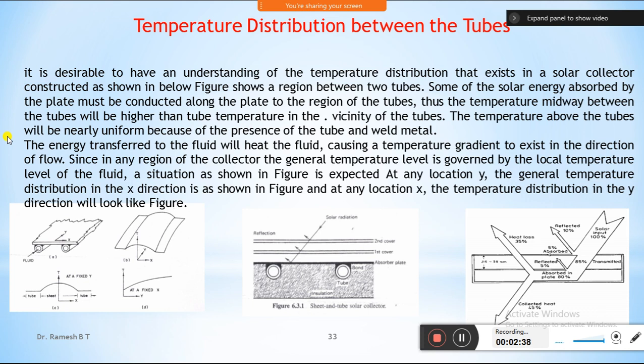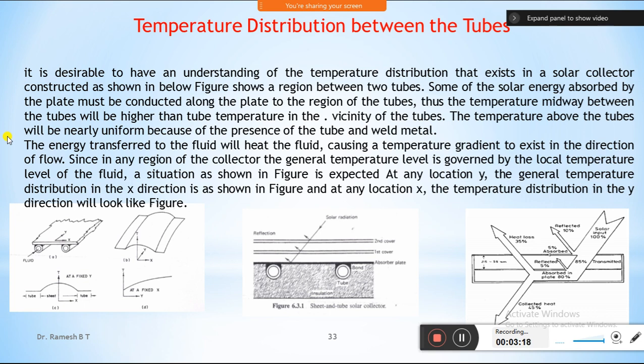Thus the temperature midway between the tubes will be higher than the temperature in the vicinity of the tubes. The temperature above the tubes will be nearly uniform because of the presence of the tube and weld metals, so we are going to assume a uniform temperature.